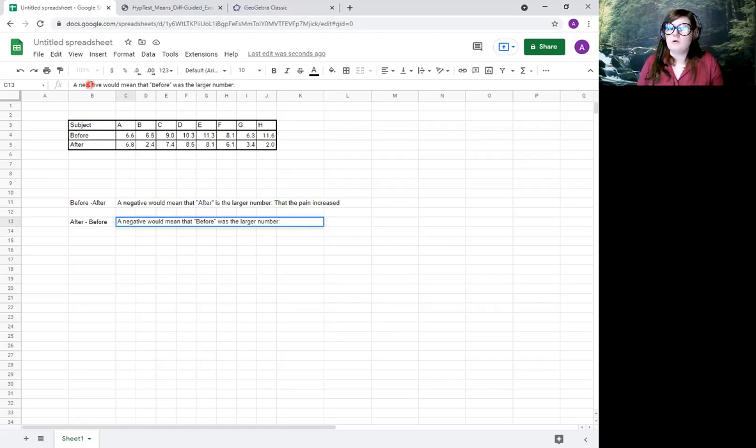Well, if I have a larger number, if I'm in more pain before the hypnotism, that means that after the hypnotism I had less pain. This would mean that the pain decreased.